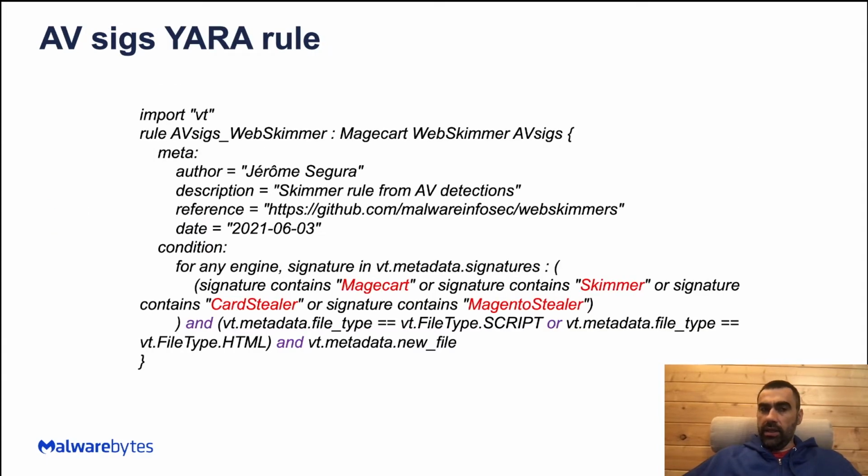So here's a simple rule that we wrote that we're going to use for hunting within VirusTotal. If you're familiar with VirusTotal, if you go into the hunting mode, you can start writing your own YARA rules and then have those rules pick up detections, whether on already uploaded samples, which is called retro hunting, or on things that are going to come in the future as they are submitted by users.